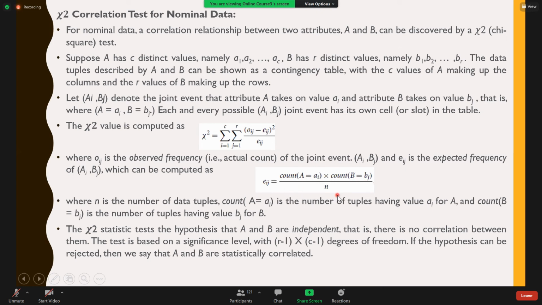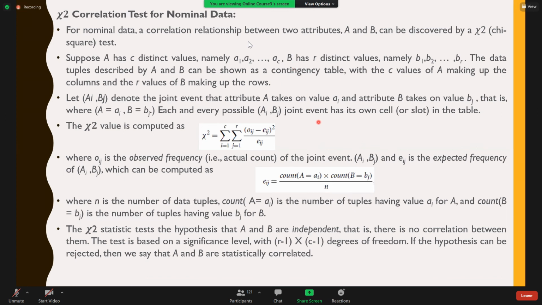This we have calculated. And now, what to do after getting this chi-square value? Somebody asked a question about the values in the bracket.